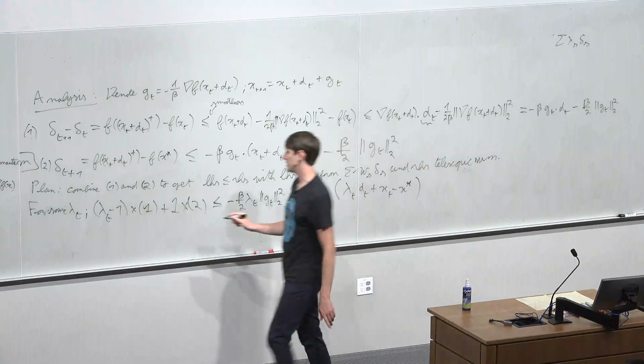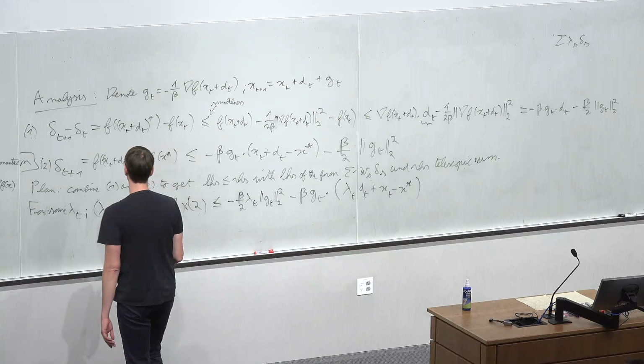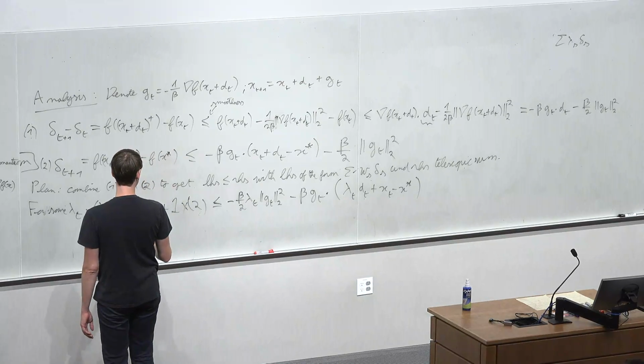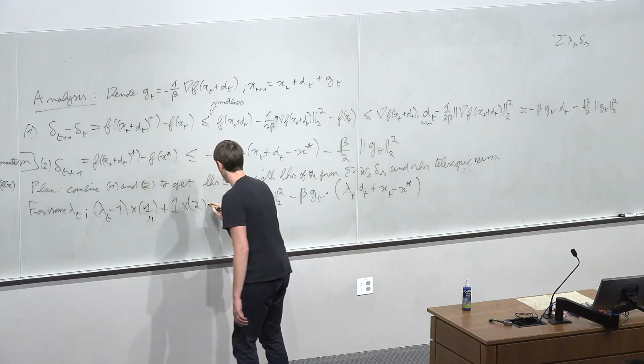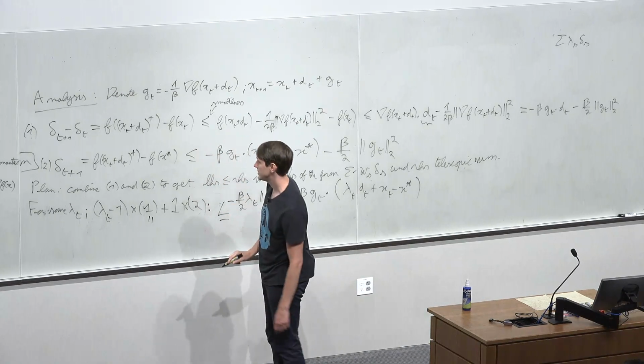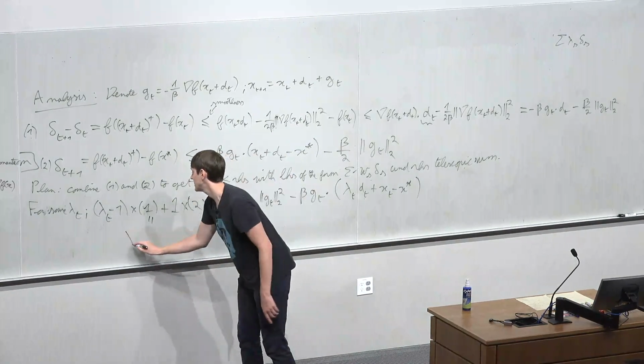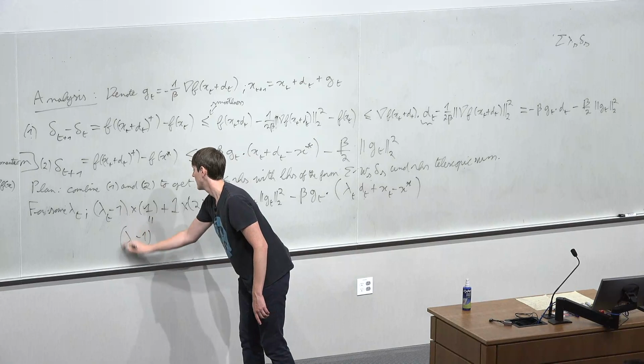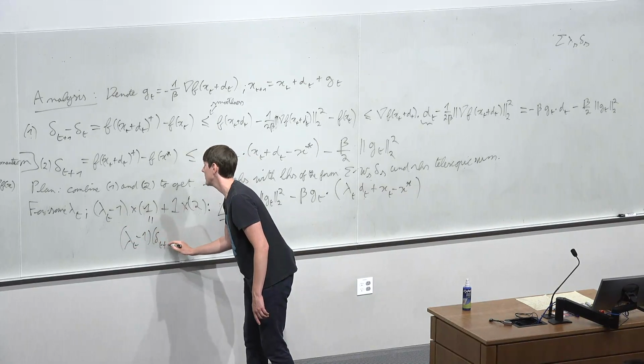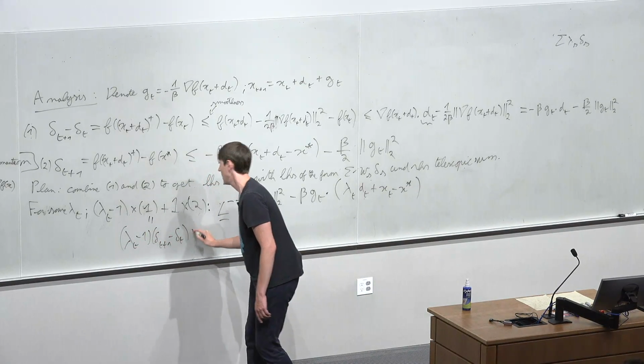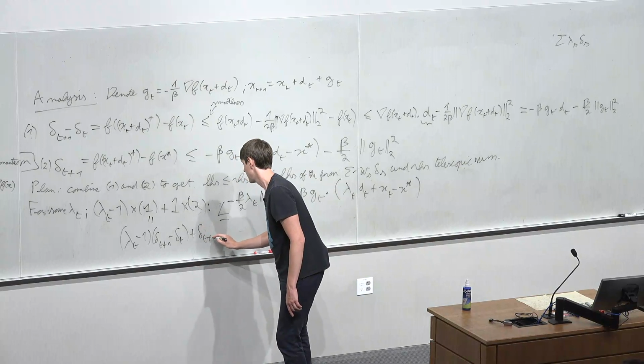Okay, and what is this? This is lower bounded by lambda t minus 1 times delta t plus 1 minus delta t, plus delta t plus 1.